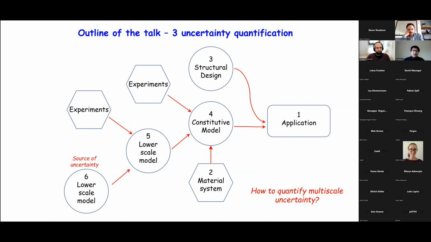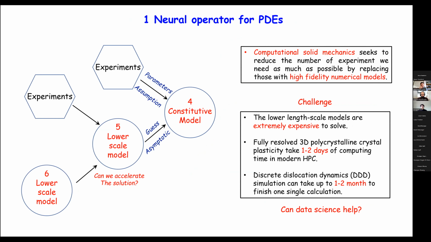All right. So I would like now to start with my first topic, which is accelerating the low length scale models. Now, as I said, the idea of why we're doing all this is because, in our community, called computational solid mechanics, we really want to reduce the number of experiments we need as much as possible by replacing those with high fidelity models.